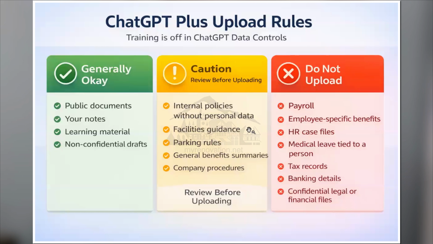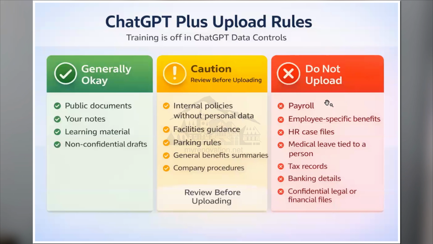You have facility guidance, or parking rules. If these parking rules are not public you need to be careful, but if everybody can see them, it's okay because they are already public. General benefits, company procedures: you have to be careful, and review this information before you upload it.